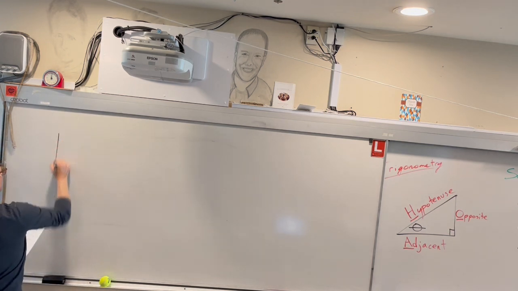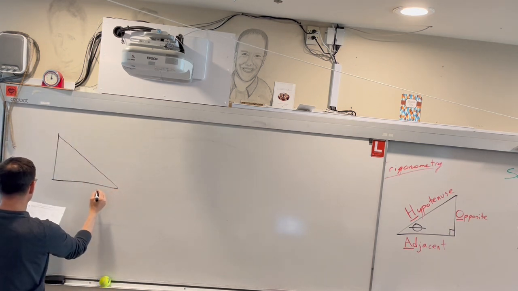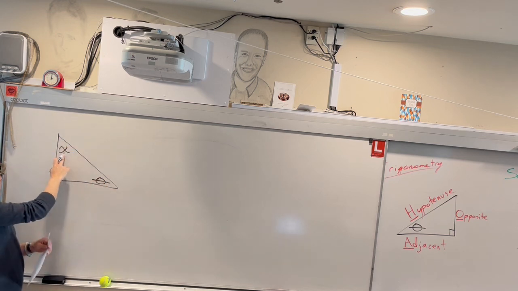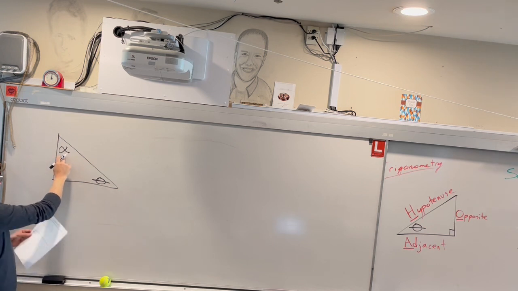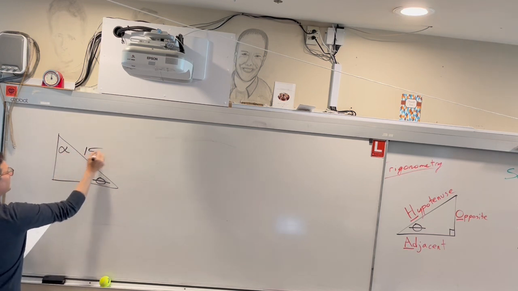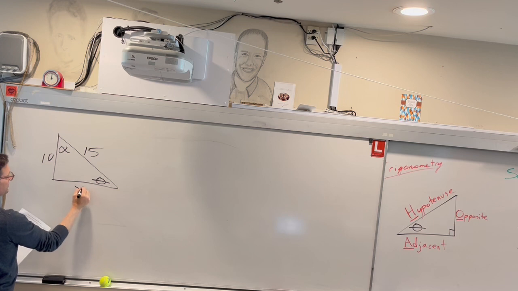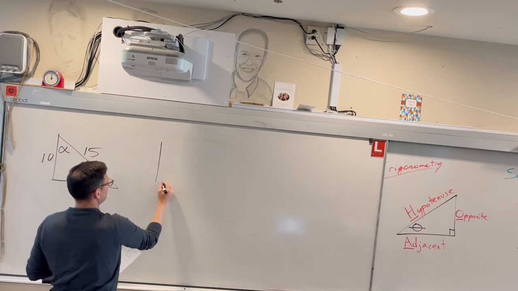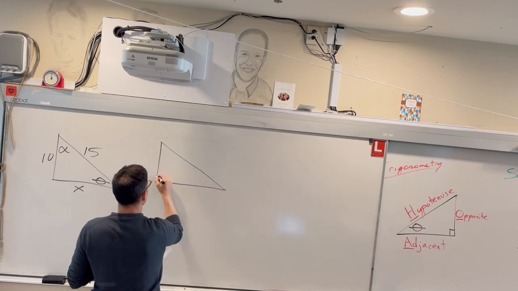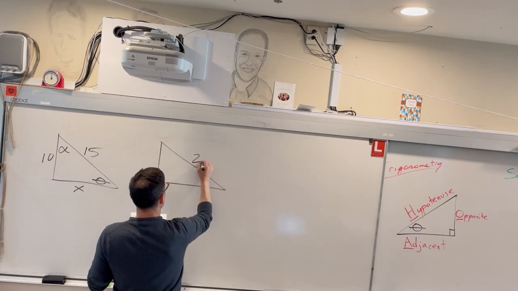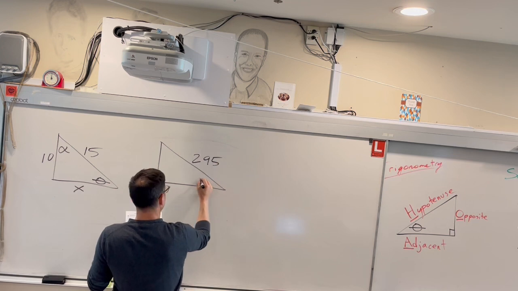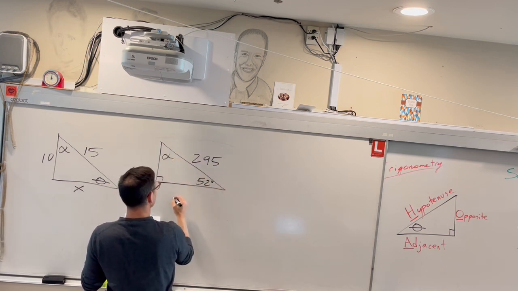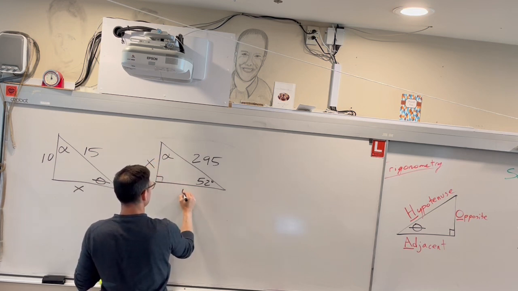Here are some examples. I'm going to give you 3 triangles. This symbol is alpha. It's just a Greek letter that stands for an angle. And I'm going to say this is x. So find alpha and theta and x here. And then we'll give you the angle on this one, and we'll do x and y.